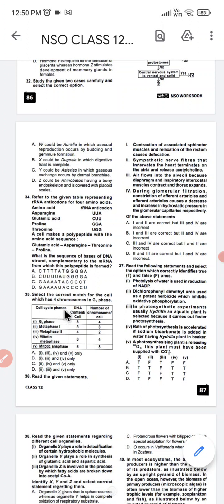The cell cycle phases are G2 phase, metaphase 1, metaphase 2, mitotic metaphase and meiotic anaphase. DNA content of cell is this, number of chromosomes per cell is this, and we have to find out this. So these are the 4 options A, B, C and D. You have to choose the best option among these 4.